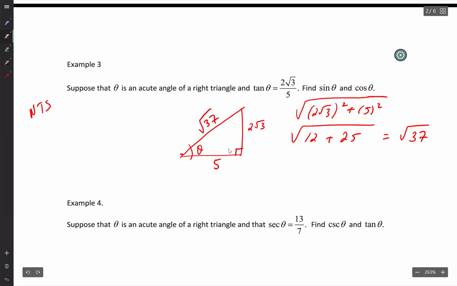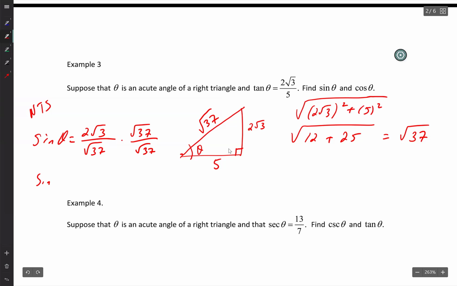They want sine. Sine of that angle is opposite, 2 square root of 3, over hypotenuse, square root of 37. I'm going to rationalize it because UH probably has it rationalized.